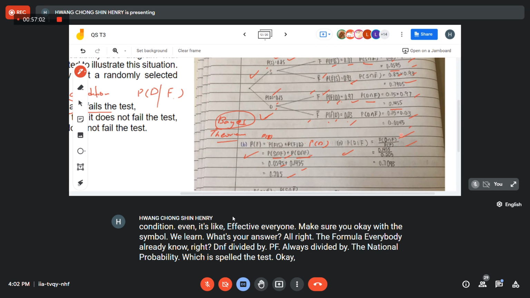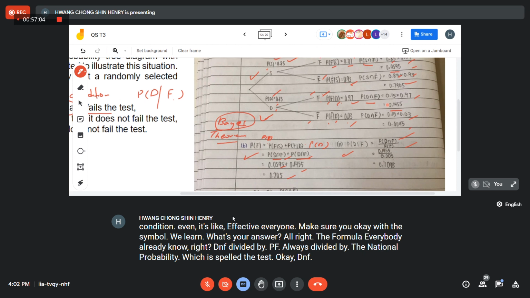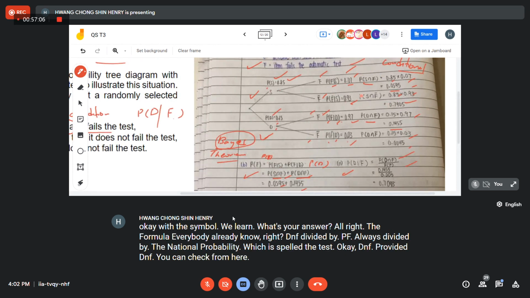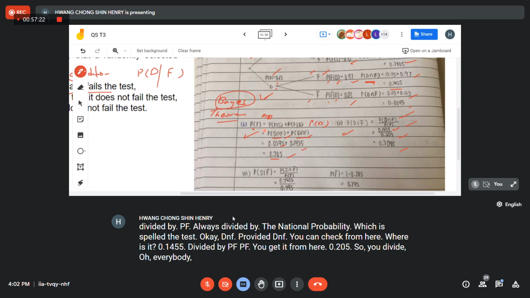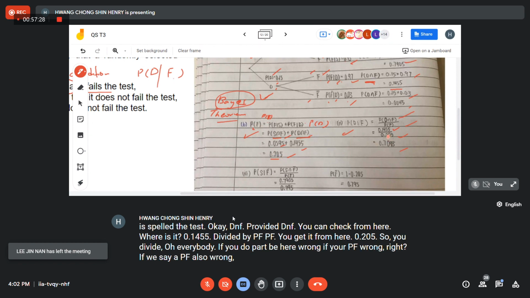P(D and F), you can check from here. Where is it? 0.1455 divided by P(F). Now P(F), you get it from here: 0.205. So you divide. Now, everybody, if you do part B wrong, if your P(F) is wrong, you put it inside here and it's also wrong, so your final answer is also wrong.